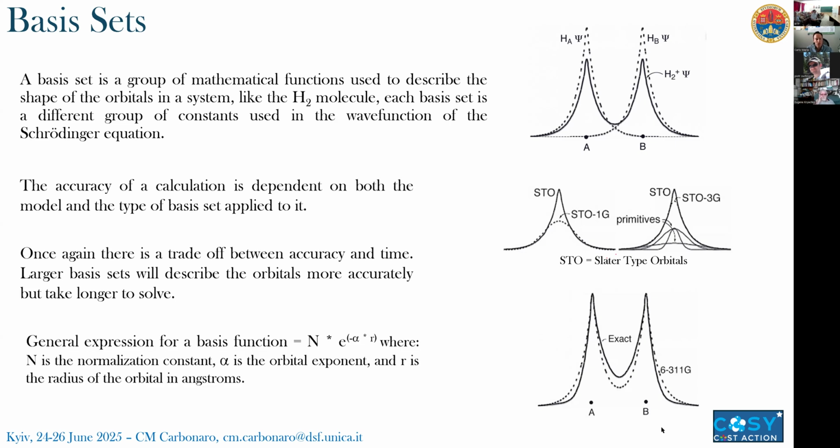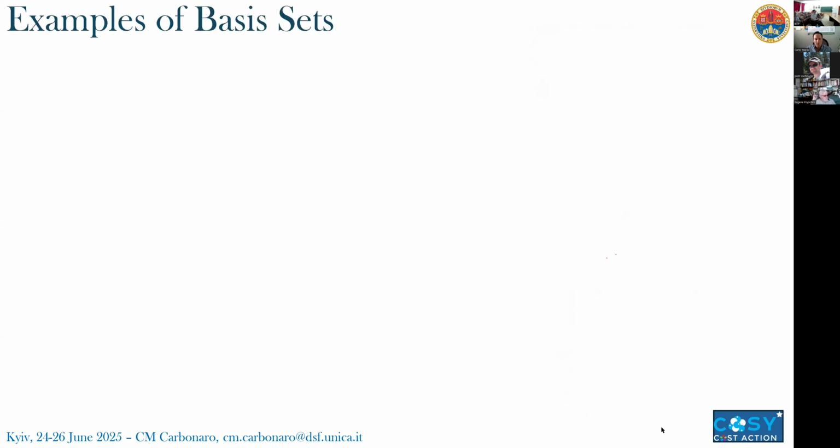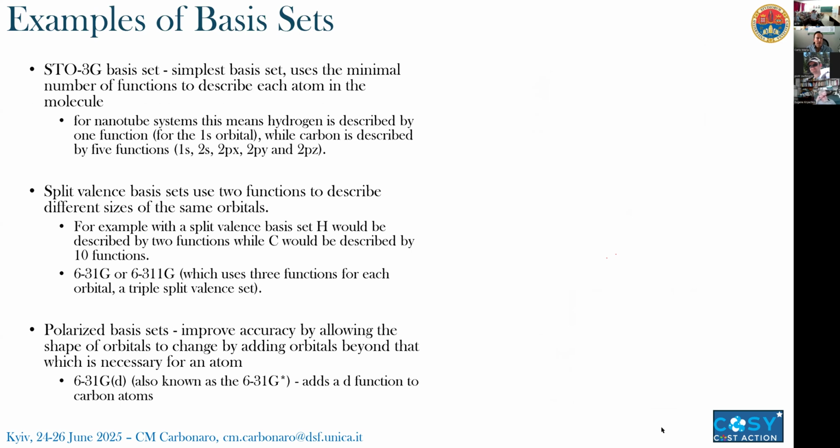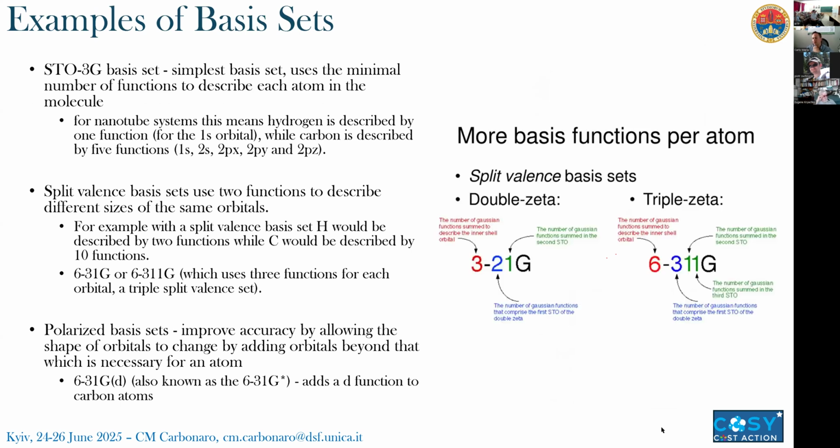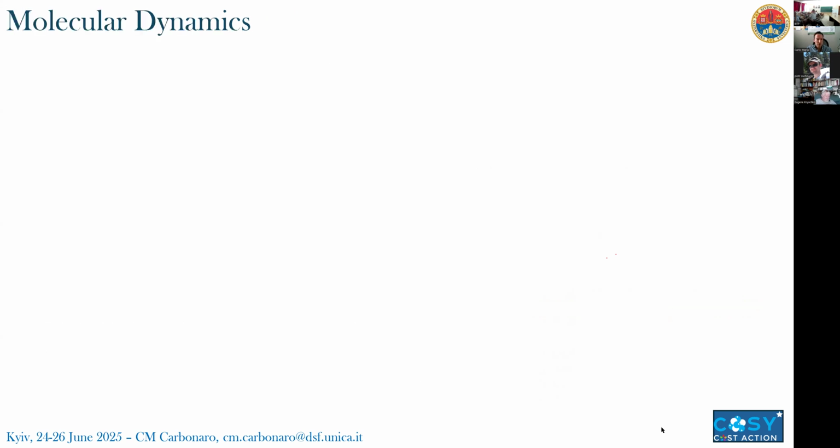So usually we use some approximation even in this case, where we use not only the Slater type orbitals, but also the Gaussian approximation and the Gaussian functions. Okay, I will skip all this data. Yesterday it was shown that all the names that we have refer to the way we are approximating the description of our system, both from the basis sets and also in the choice of the hybrid pseudo potential.